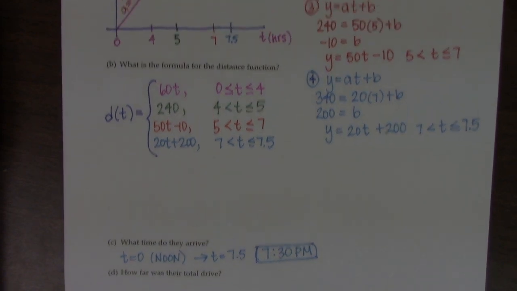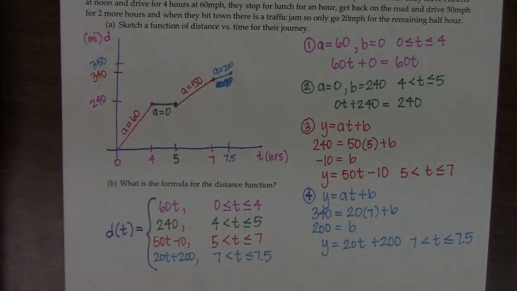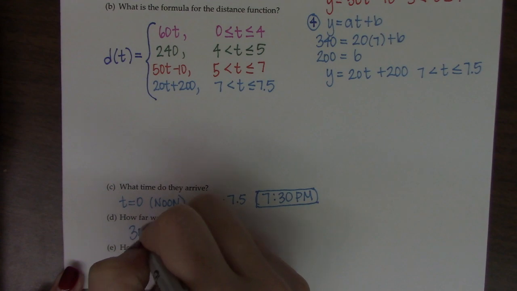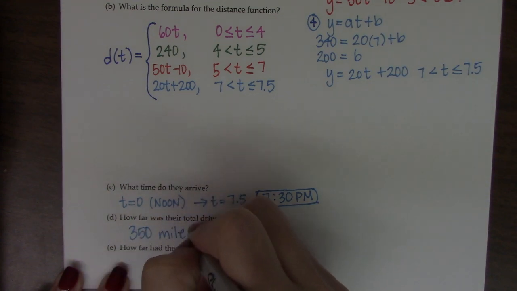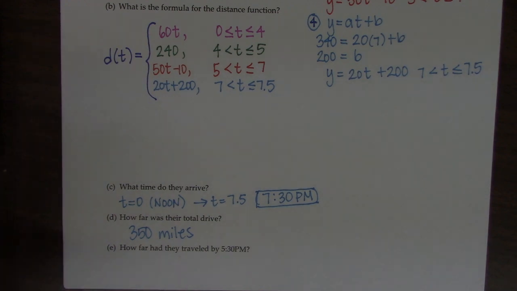Well, we can actually look at our y-scale here and see that we got there 350 miles later. So they went 350 miles.